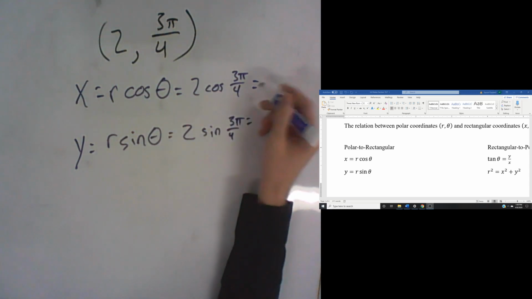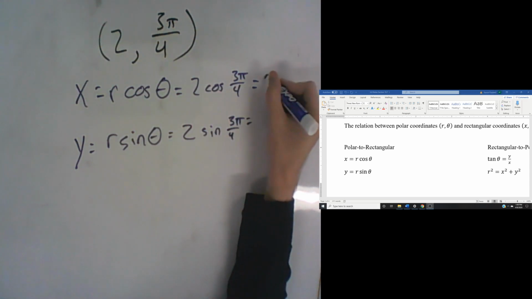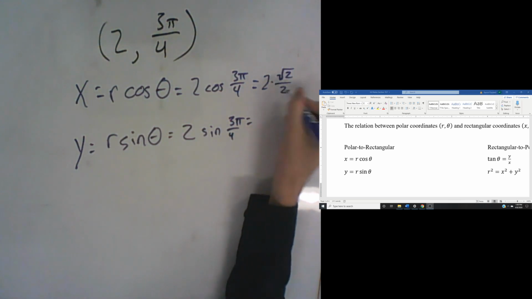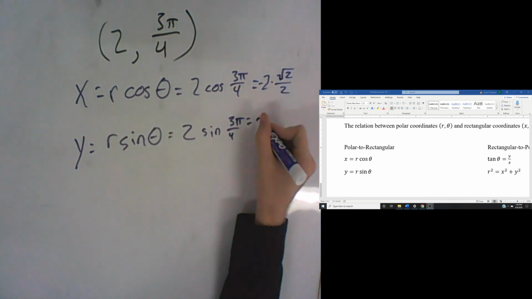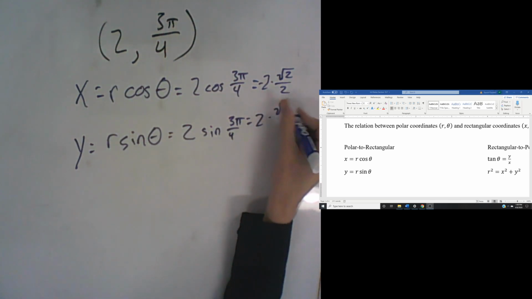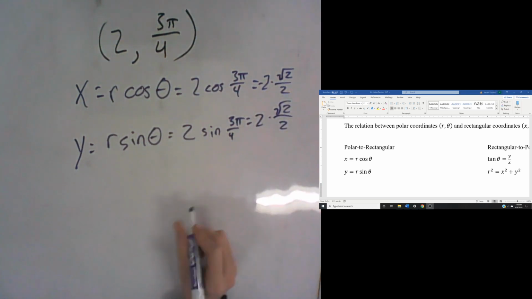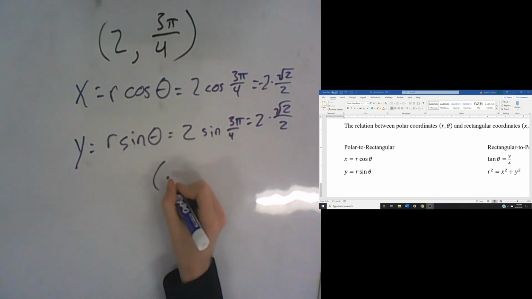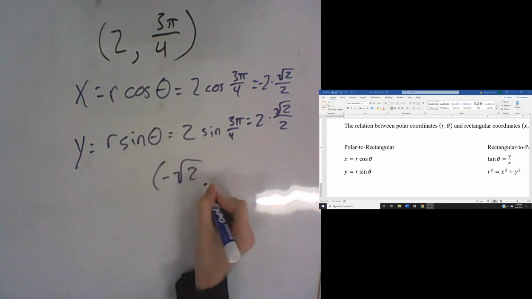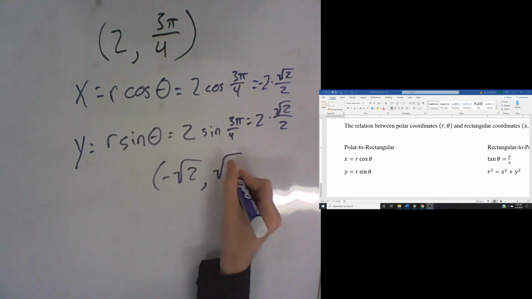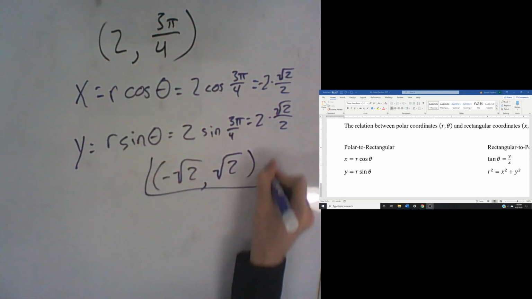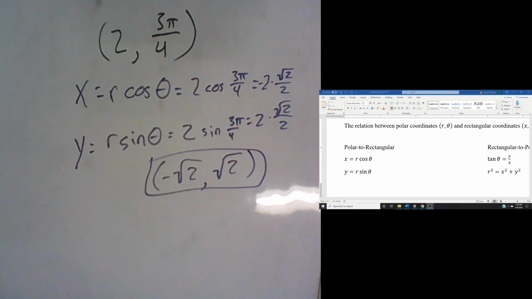So we get 2 times negative root 2 over 2 and positive 2 times root 2 over 2. So our answer is negative root 2 comma root 2. And that would be our answer.